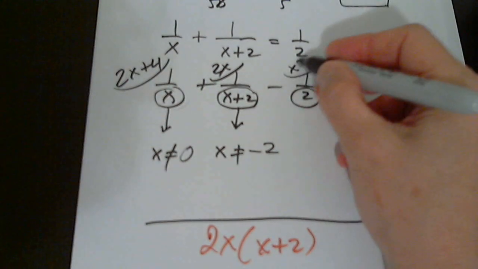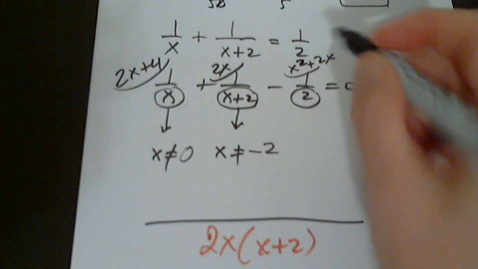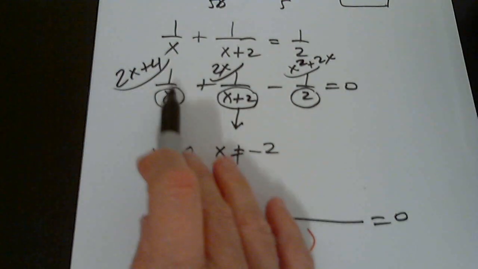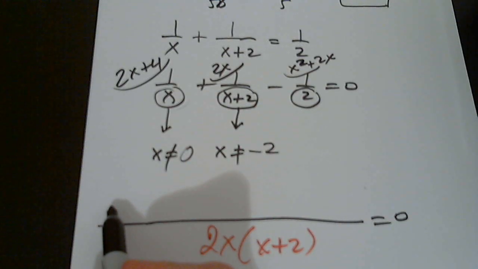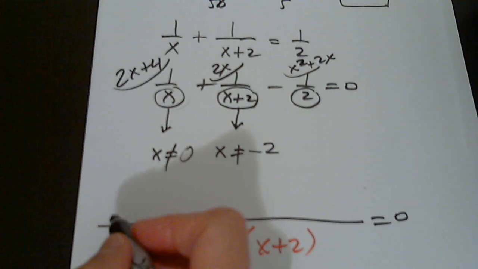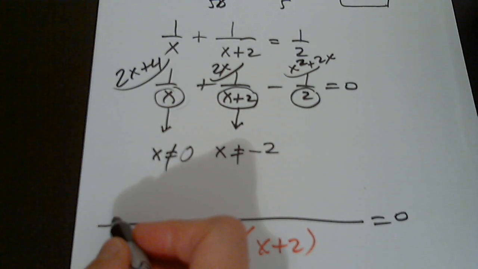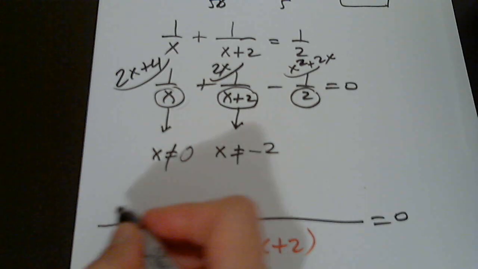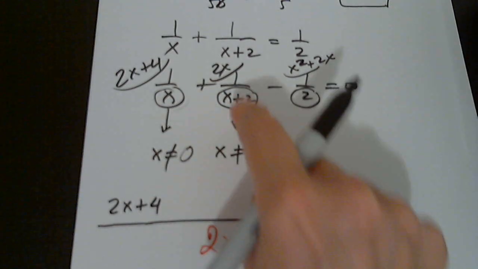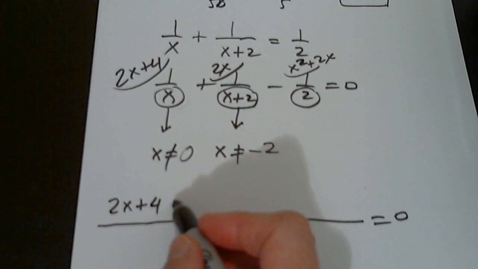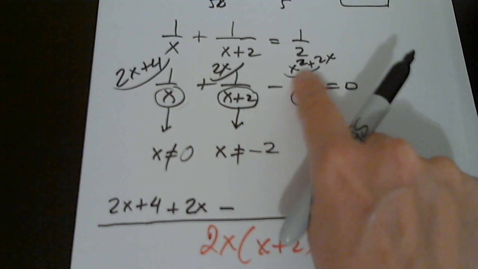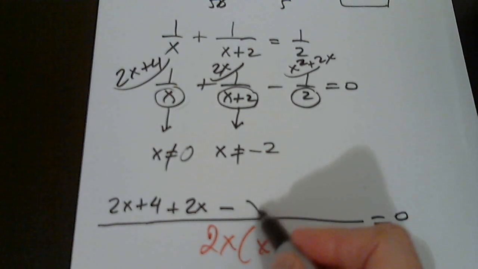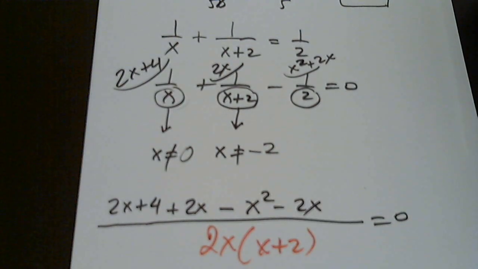Excellent. Very good. Plus 1 distributed to 2x plus 4. What do I have to write? 2x plus 4. Indeed. 1 distributed to 2x. -1 distributed to these two. Clean it up.